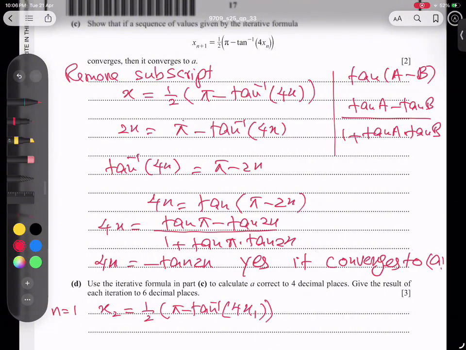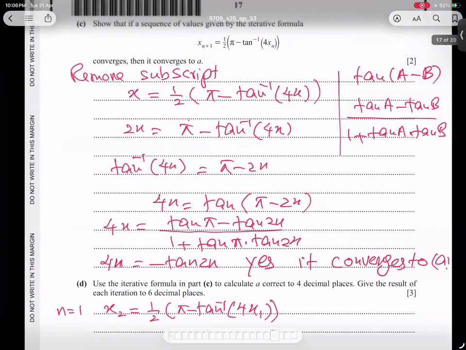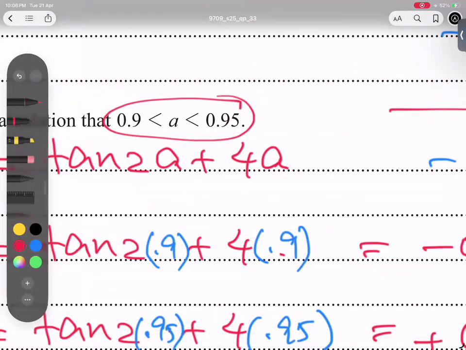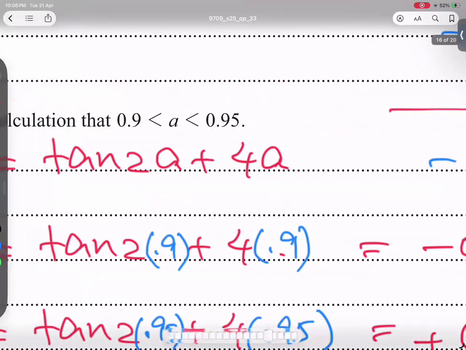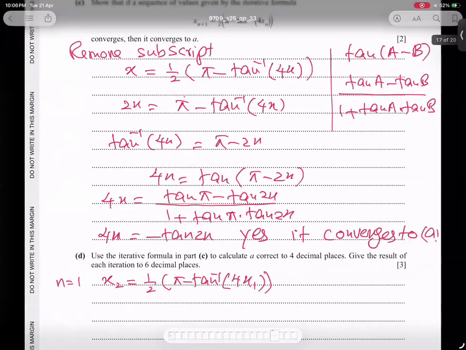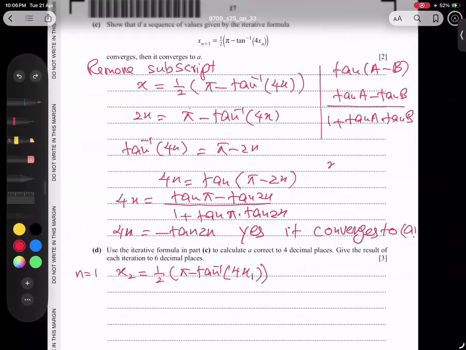Now, in the question we don't know x1. When you don't know x1, sometimes it is given, sometimes not given, so take the average of these numbers, 0.9 and 0.95. So I'm writing here x1 is 0.9 plus 0.95 over 2, and I'm getting 0.925.